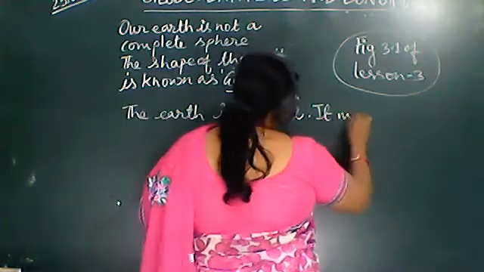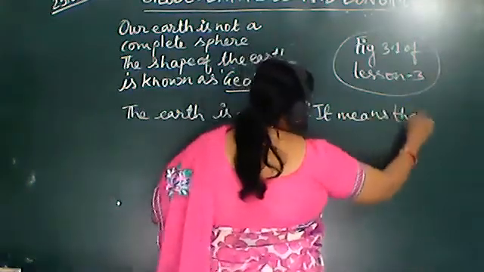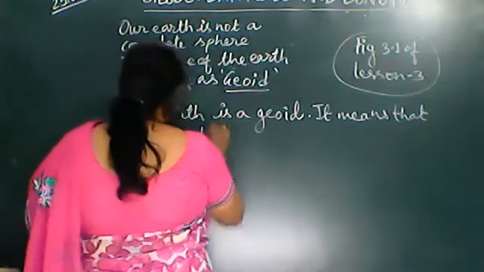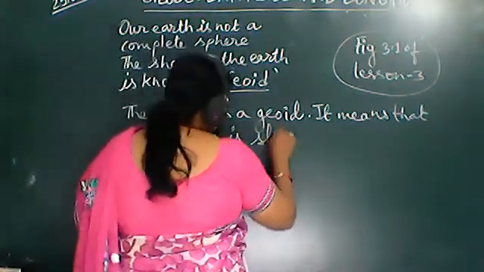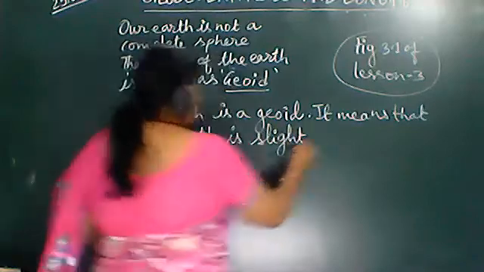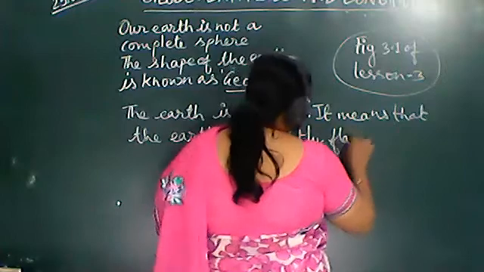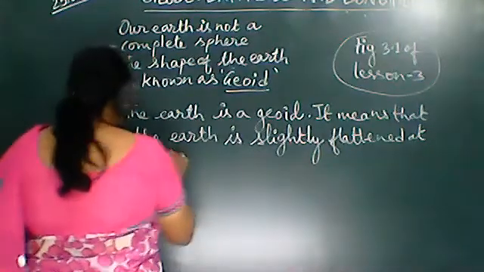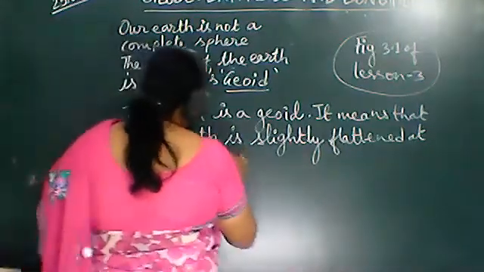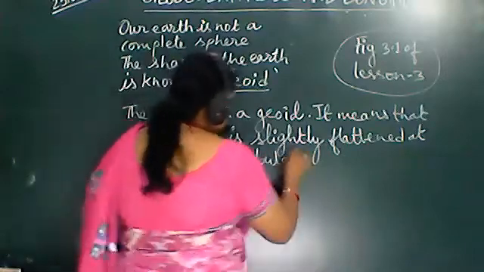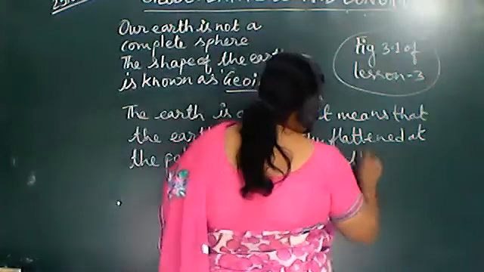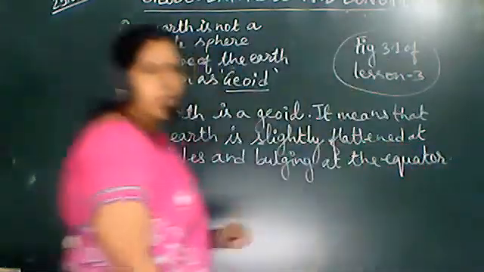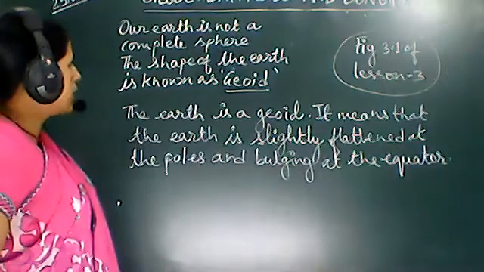It means that the earth is slightly flattened at the poles and bulging at the equator. So you see that the earth is a geoid.